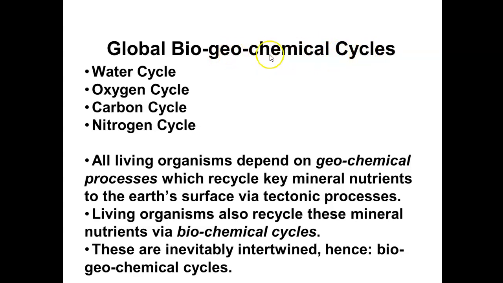There's a ground one, which is the tectonic cycle, and then highly interacting with it is the water cycle. And those are the two big geochemical cycles that move matter around on the surface of the planet. And then we also have living organisms which put their thumbprint, as it were, on these cycles and change them.